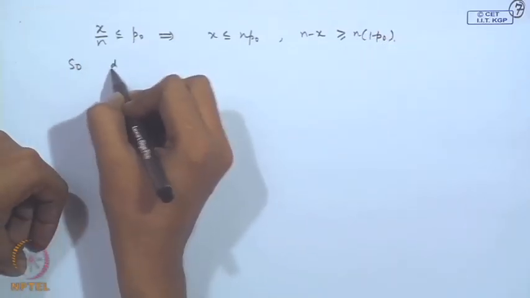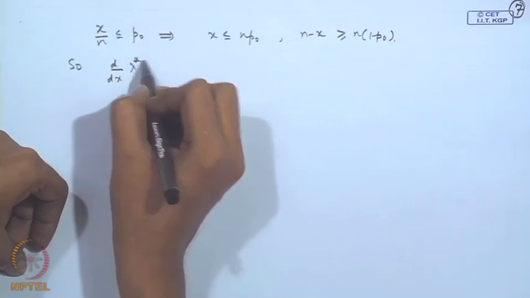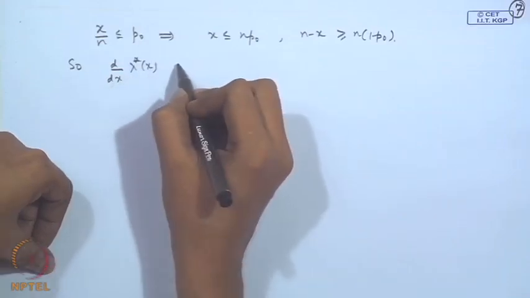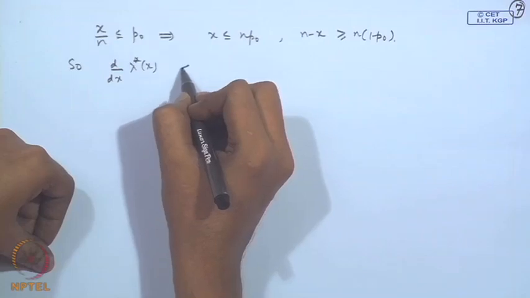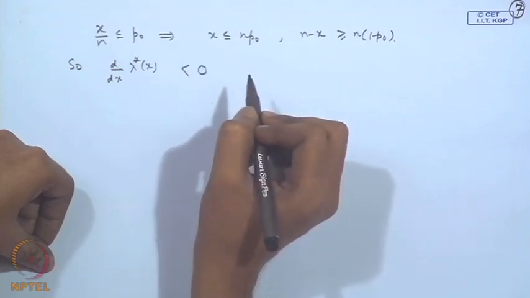So, d by dx lambda star x, this will be less than 0.